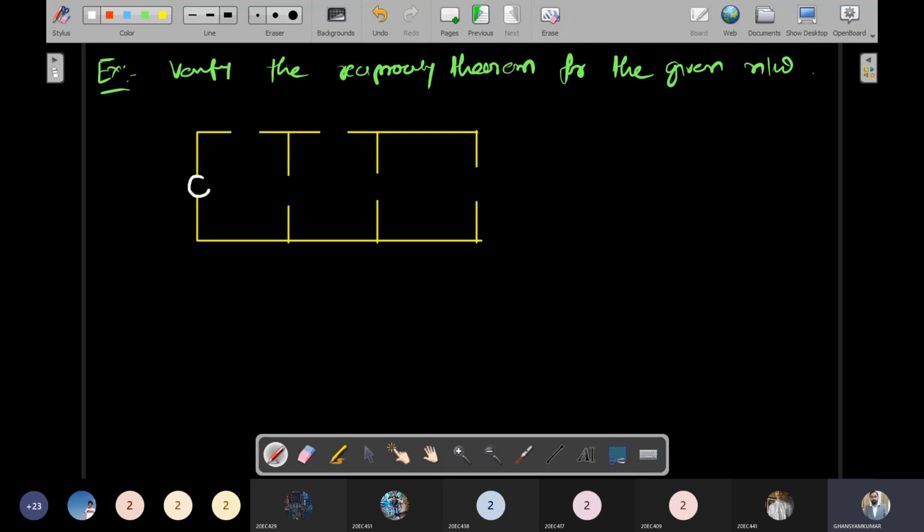One source is available that we need to interchange. This is a plus minus 20 volt independent source, and the remaining are resistors only. The value of all the resistors over here is 2 ohm, this is 2 ohm, this is 2 ohm, this is 2 ohm. This one is only another value, 3 ohm.